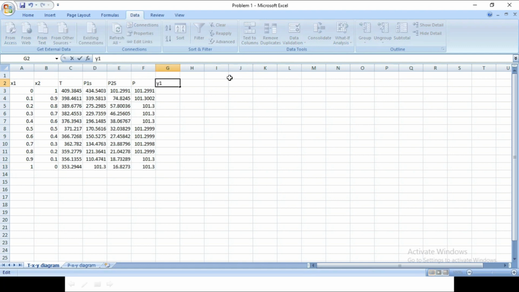Y1, Y2. Y1 equal to x1 into P1s divided by total pressure.